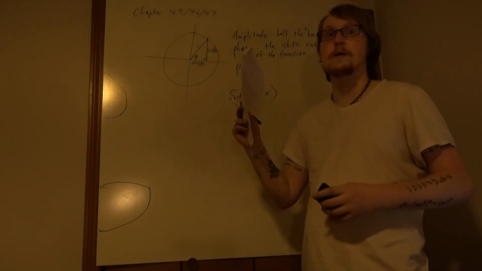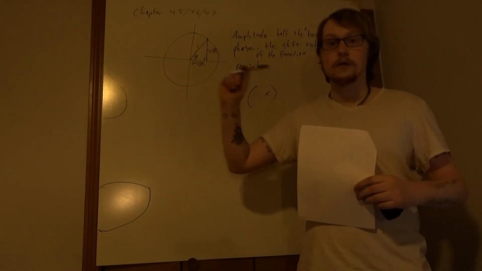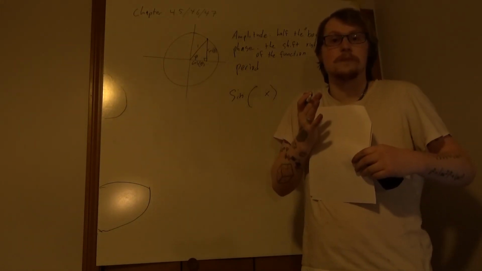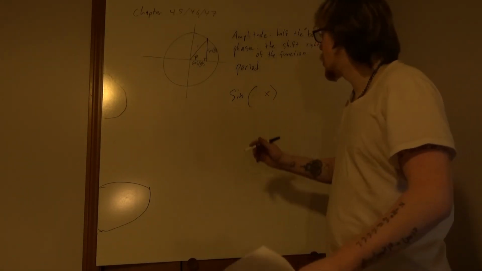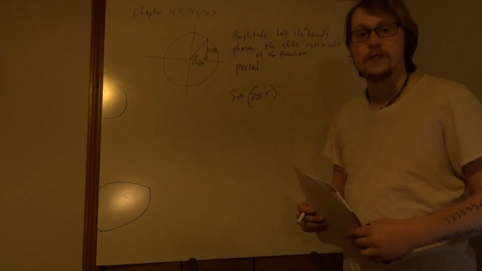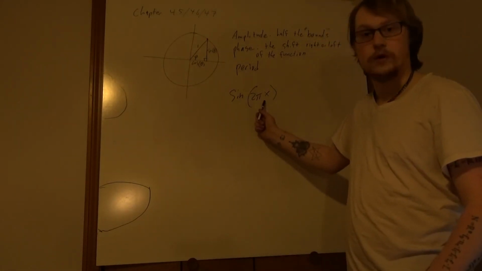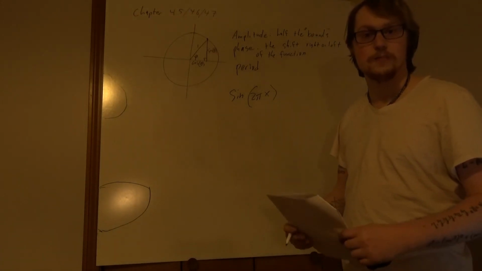So if we want a period of 1, we should take the regular period and smush it all to be between 0 and 1. The regular period is 2 pi. So if I multiply right here by 2 pi, then at 0, this is going to think it's 0. And at 1, this is going to think it's at 2 pi.